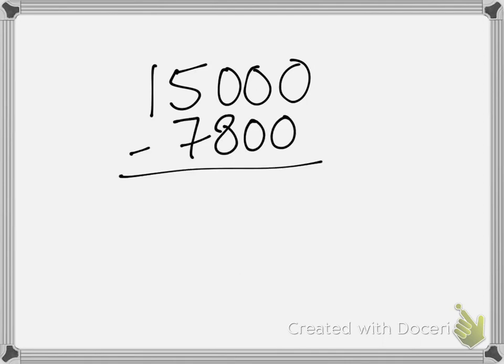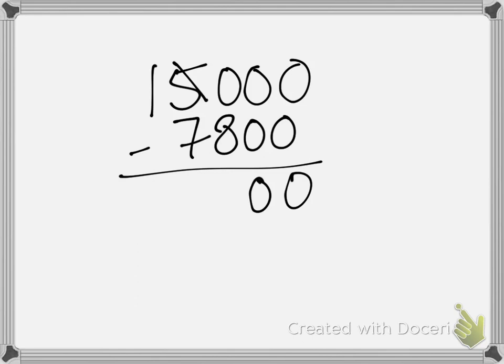So when we do that, we get, what is 0 minus 0? 0. 0 minus 8. Can we do that? No. What do we have to do when we can't do that subtraction? What do we do, Miles? You have to carry. Kind of. It's regrouping. So what does this 5 become when we regroup? What does the 5 become, Rafi? No. Trey.